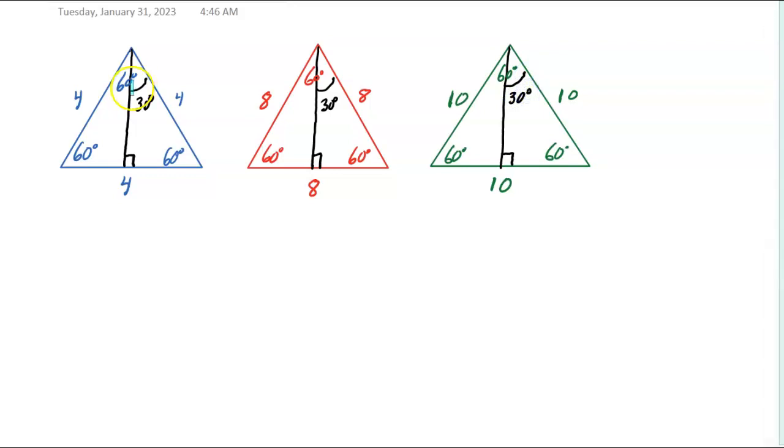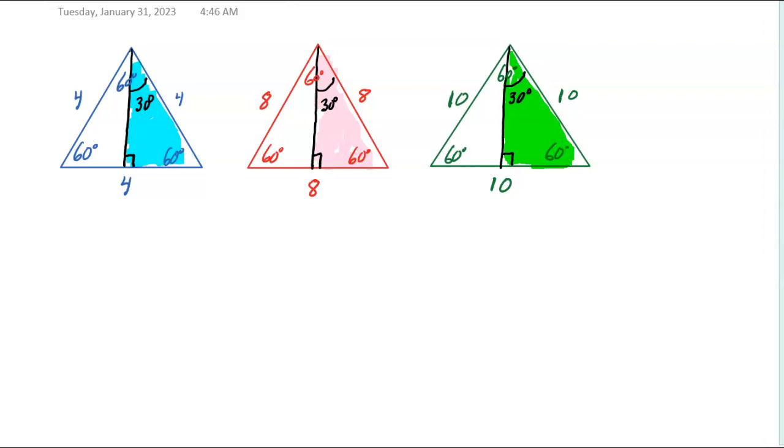And then our focus, as I said, will be the special 30, 60, 90 triangles, which is this blue triangle, this red triangle, and this green triangle. So the goal is to study 30, 60, 90 triangles, so we're just going to focus in on the right half of each triangle.